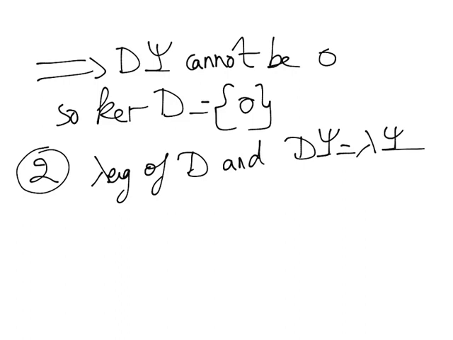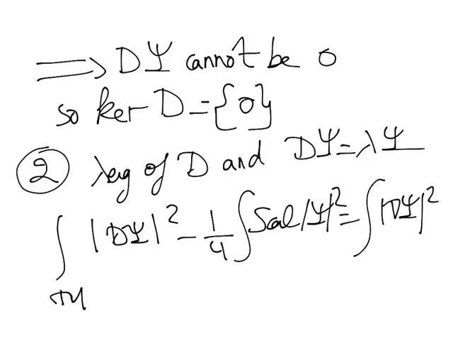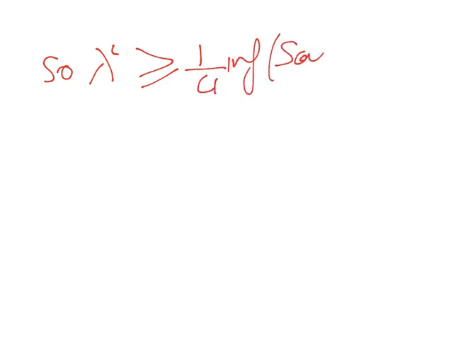So again, taking the same integral identity that I used in the first part, the norm of D psi squared equals the integral of nabla psi squared plus 1 over 4 the integral of scalar curvature times norm psi squared, but again this quantity here is positive, and D psi squared is lambda squared norm of psi squared, and this will give that lambda squared is bigger or equal to 1 over 4 the infimum of the scalar curvature.